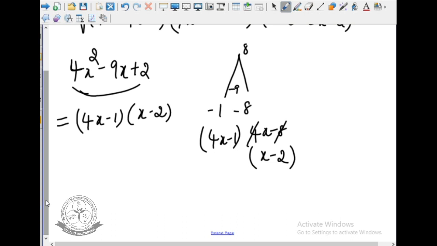Next, the second term is 7x² − 13x − 2. So this one, the same process.